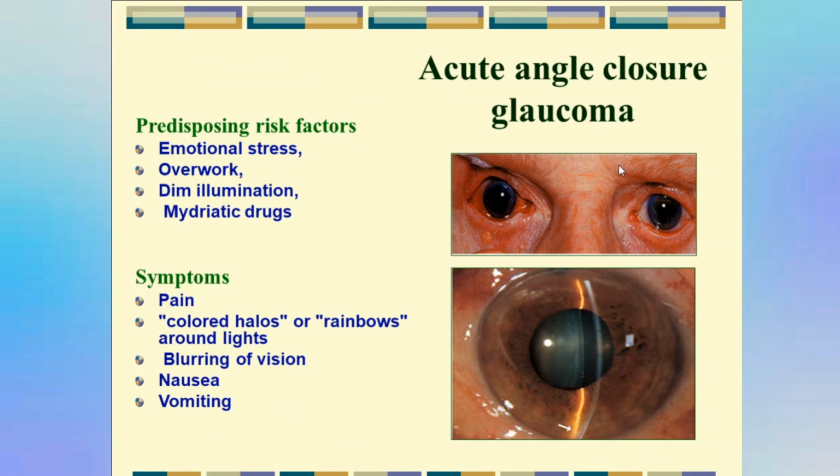These are a big lens, small eye, hyperopia. Symptoms are severe pain, it's an urgent situation, color halos or rainbows, blurring of vision, of course, nausea, vomiting.